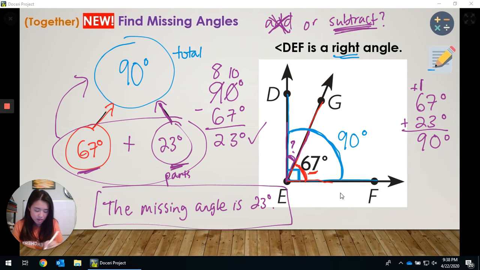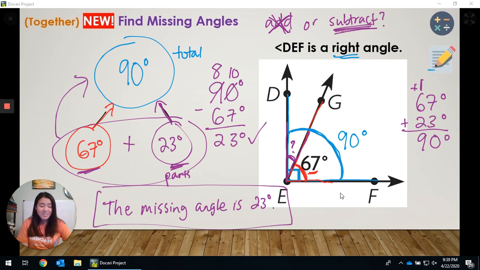Period and a box. Just like that. So we took all the information they gave us, made a number bond with that information, and then figured out if we should add or subtract to figure out our answer. And what we did was we subtracted to get the answer and then added to check our answer.